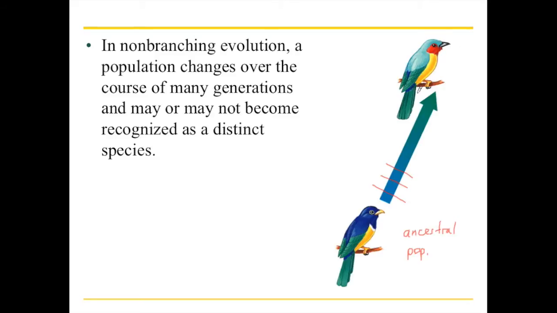And so part of the issue with species is to recognize whether you can tell two things apart. Now, if you look at these two birds, there are clearly characteristics that you could use to tell them apart. I mean, perhaps you're looking at color. Perhaps you're looking at the beak. There are a variety of features, clearly.